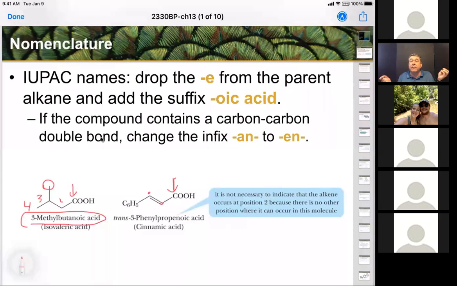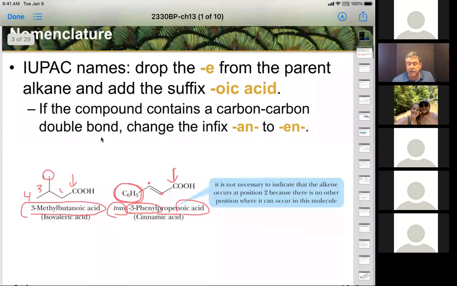Then we have a substituent here, and arenes, our benzene rings, are always substituents unless the compound is specially named for that, like benzoic acid. We had those in the benzene chapter. That's the only time they take precedence in the system. We have these on opposite sides, so we have trans-3-phenylpropenoic acid. This actually turns out to have a common name, cinnamic acid, and it has a cinnamon-type flavor and smell to it.